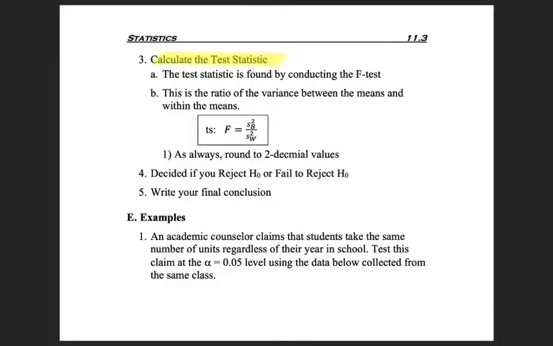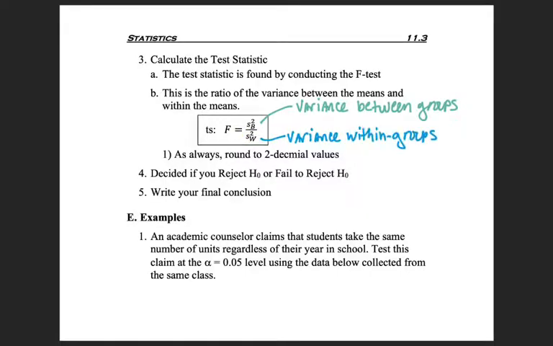Next, we need to figure out the test statistic, and this is found by conducting an F-test. And the F-test is just a ratio of the variance between the means and within the means. So we're writing it as F equals the variance between the means divided by, so it's a ratio, the variance within the means or within the groups.